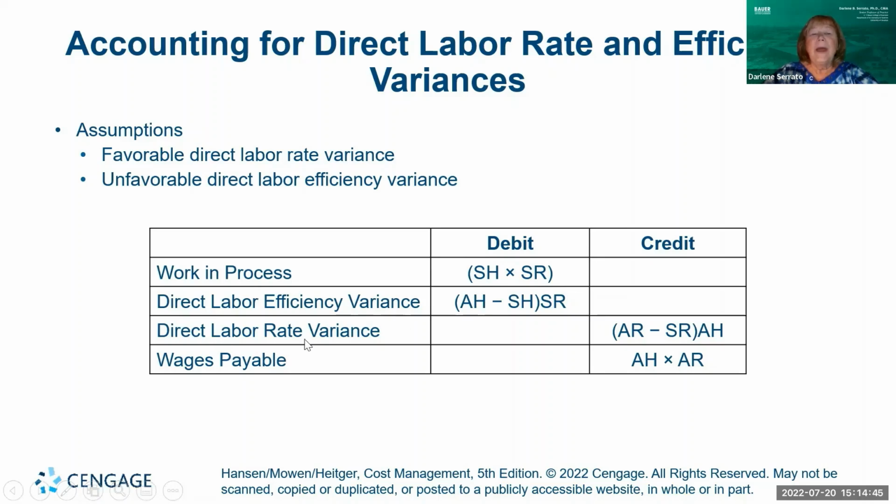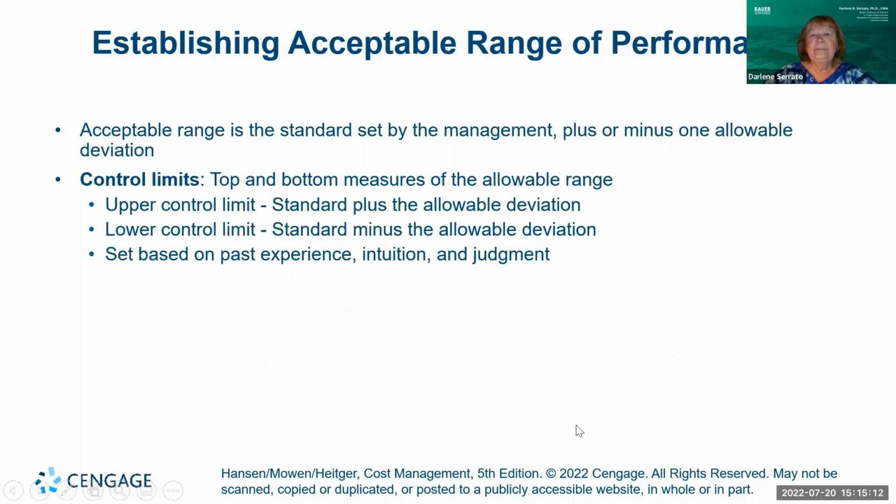We are crediting a labor rate variance if it is favorable. We're making these assumptions here, and we credit wages payable for actual cost incurred. So that's the journal entry for putting variances on your books. You're debiting unfavorable variances and you're crediting favorable variances.